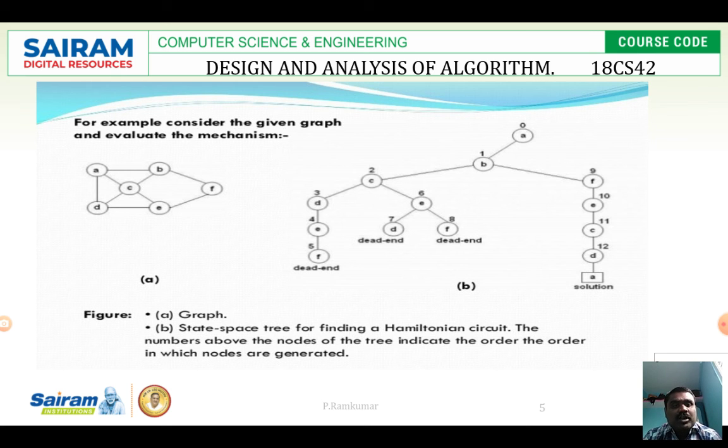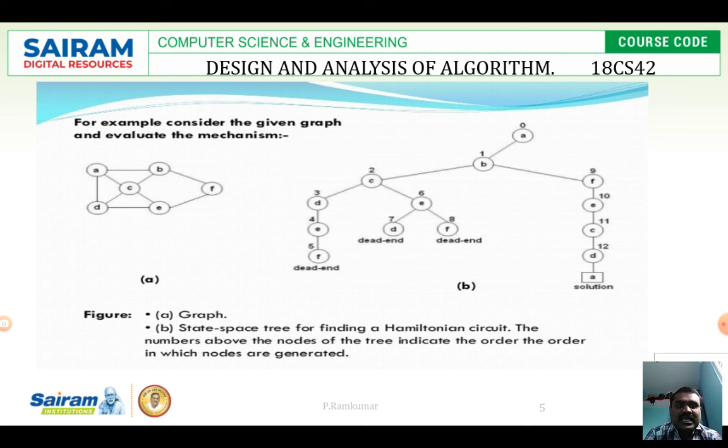From C we can also reach E. From B we can also reach F, then E, then C, then D, then A. So that is the solution, because as I said before, the starting as well as ending vertex should be the same.